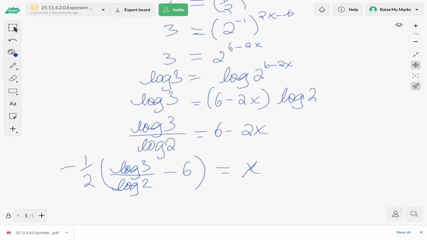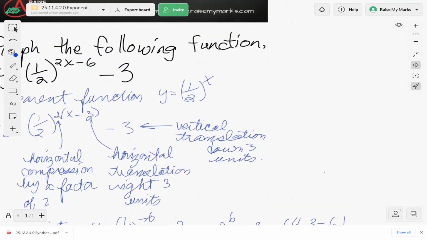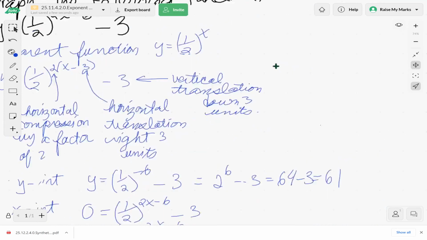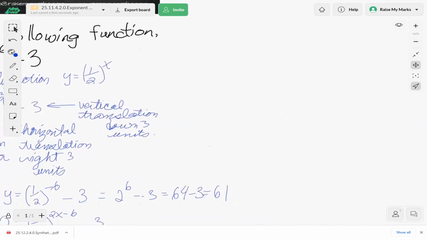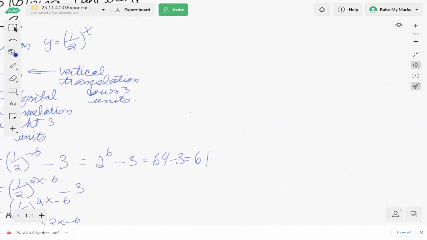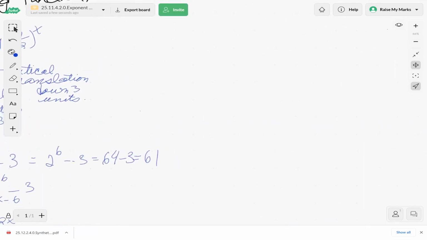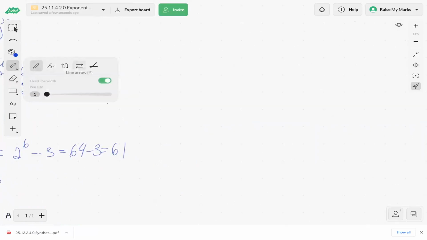So let's go back up and do it to the right so we can see our parent function and our transformed function. Let's put some axes in.